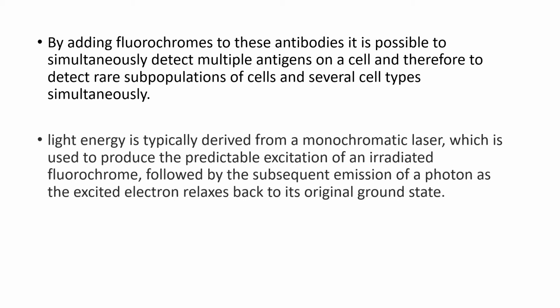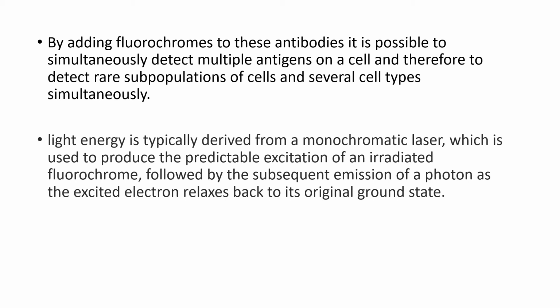Different kinds of filters are used because different fluorochromes are used and they emit different lights, so there can be an overlap. So filters are used to pass through the specific wavelength of the fluorochrome, and it is detected on the photomultiplying tube.